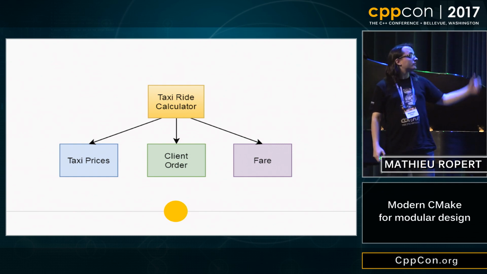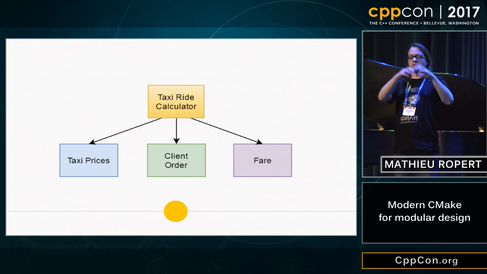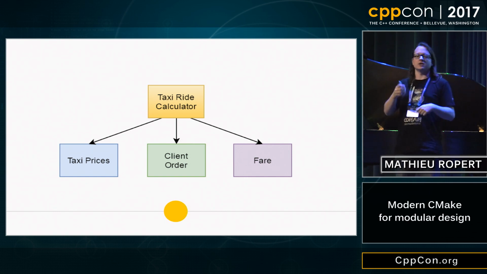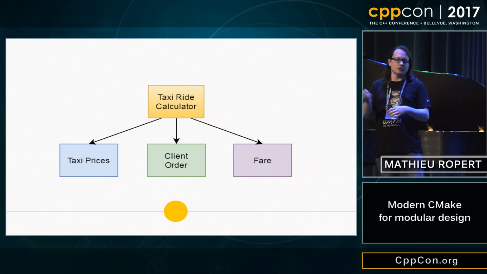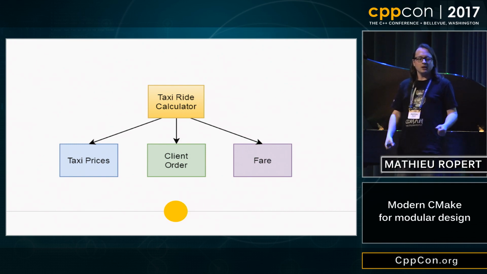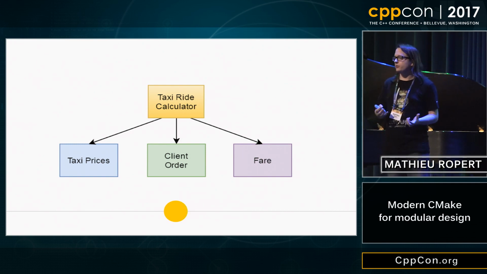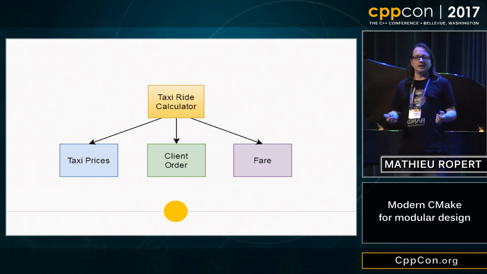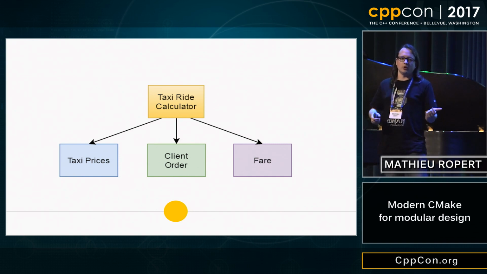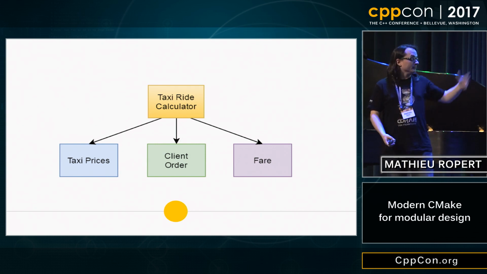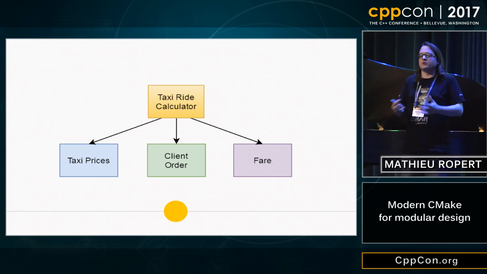We'll have a first library that will handle the taxi prices, the description of your objects, and a few operators to manipulate them, maybe make sums or comparisons, whatever. You will have a second one that we'll use to describe a client order, like what's his name, what's his profile, where does he come from, where does he want to go, that kind of stuff. And the final is the fare, which is the result.